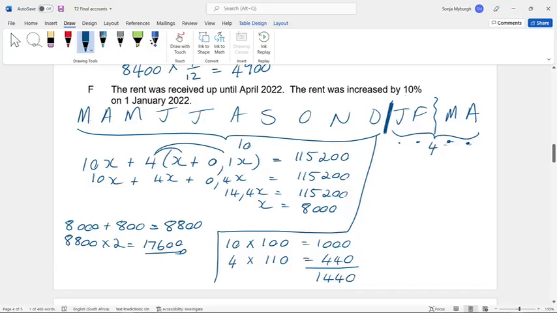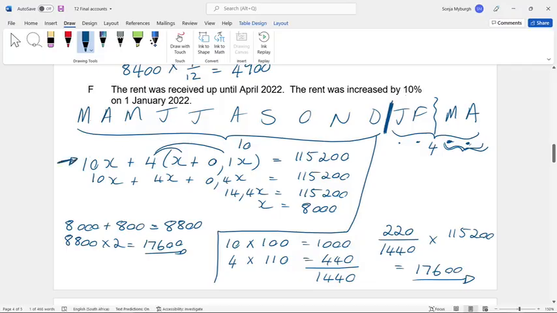But we know these two is in advance, and they are both from the 110. So 220, 2 times 110 of the 1,440 times the amount given will give you the amount that you've received in advance. It will also give you 17,600. You must decide on a method that suits you best, that you understand, and that is the method that you use.